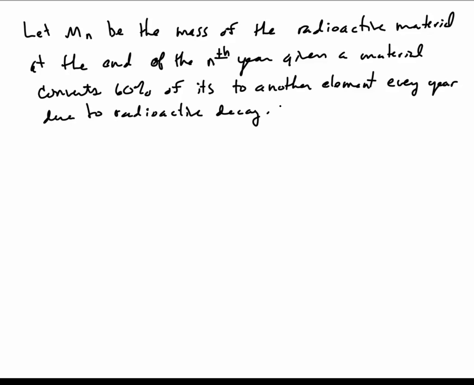Okay, so let's think about this. Let's start with our initial amount. That's present, let's say, is m naught, because that's the initial amount, n equals 0, is 25 grams.